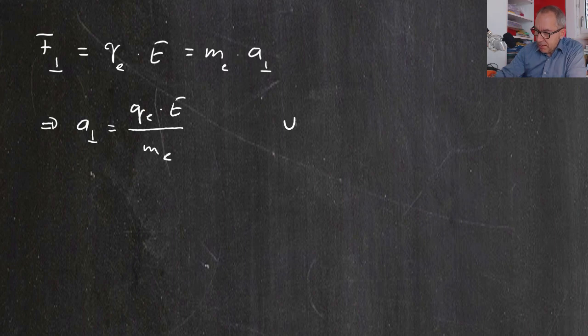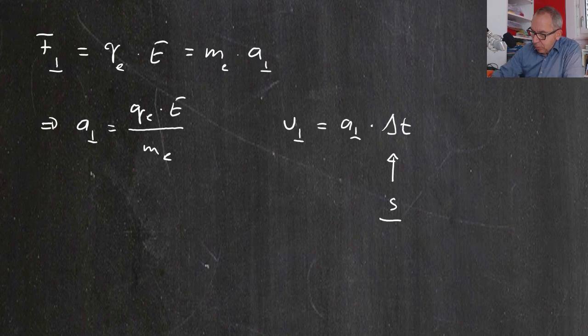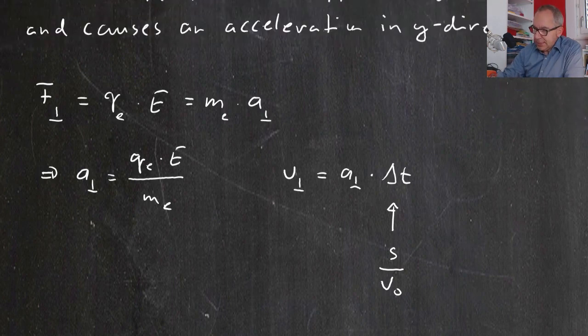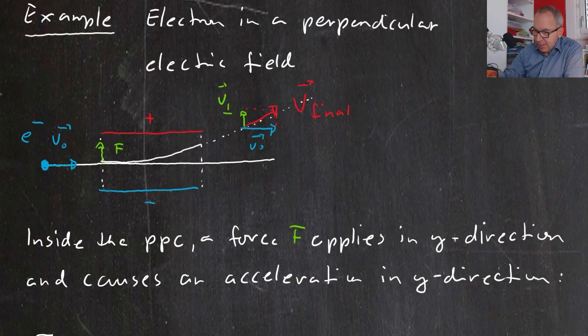The velocity perpendicular is then this acceleration times the time of flight. The time of flight, however, can be easily found since it is nothing but the distance over the velocity. And for the distance, we can simply take the length of this parallel plate capacitor from here to here.